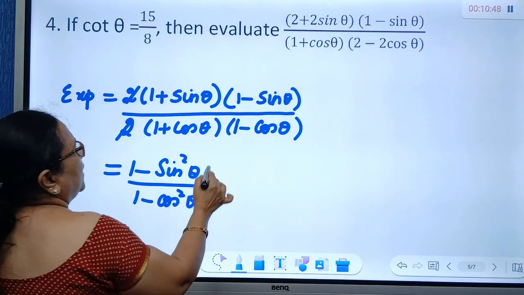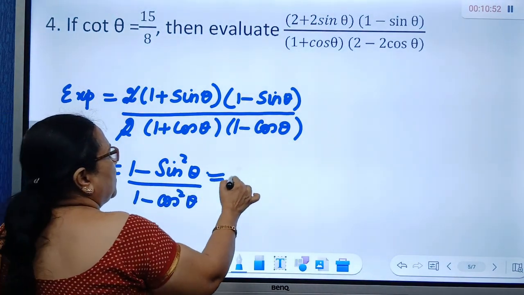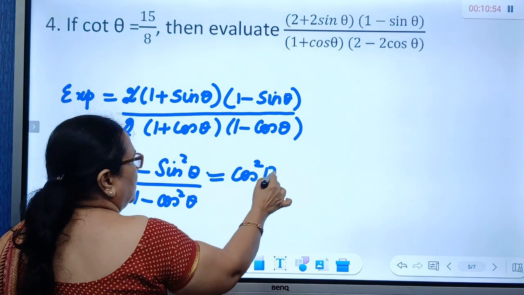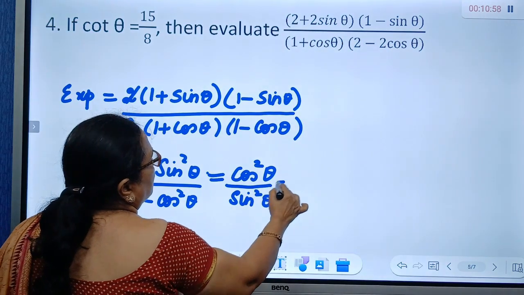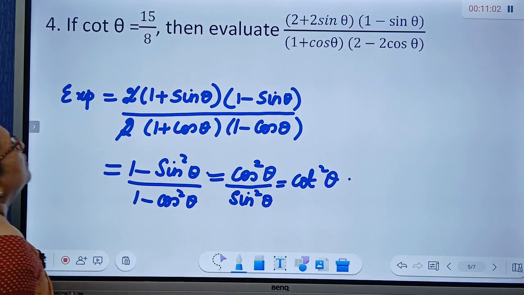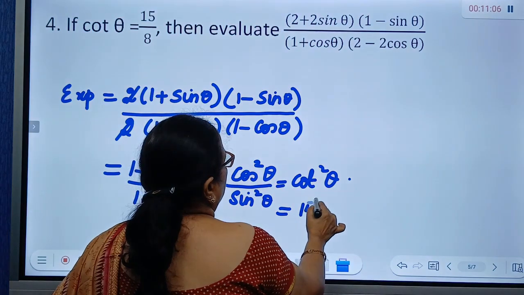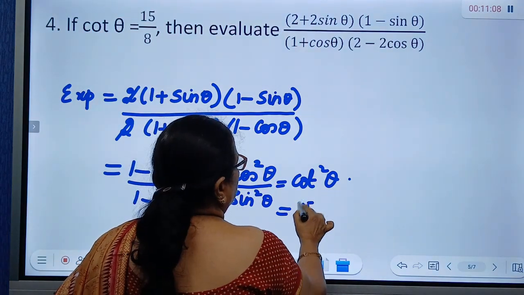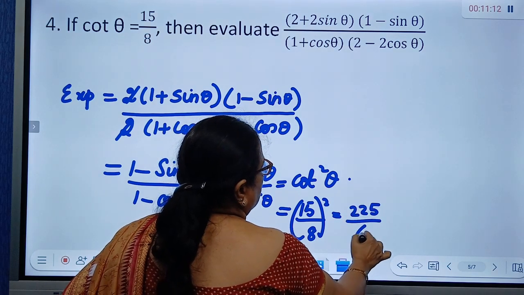A plus b into a minus b is a square minus b square. Now 1 minus sin square theta is cos square theta. 1 minus cos square theta is sin square theta. So this becomes cot square theta. Okay, now cot square theta is 15 by 8 the whole square, which is 225 by 64.